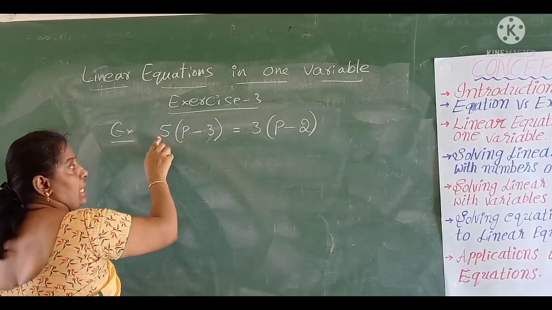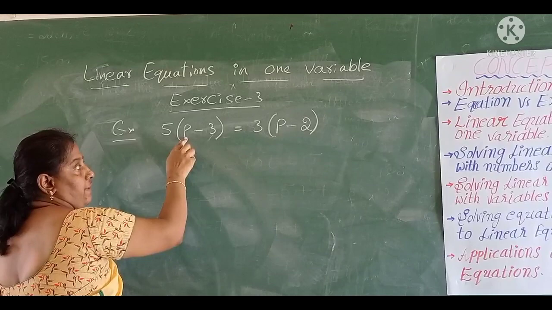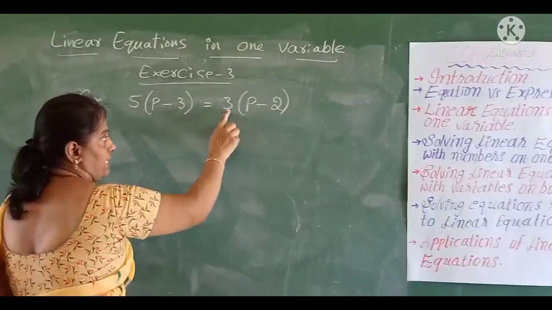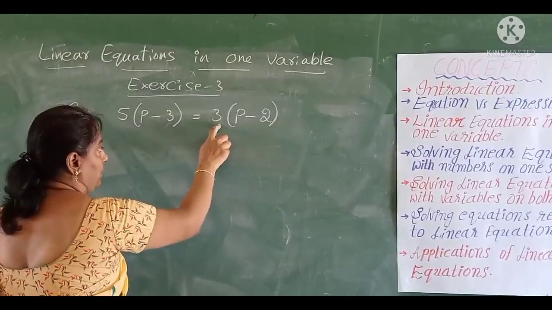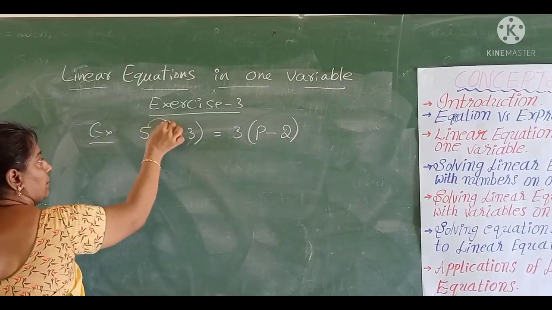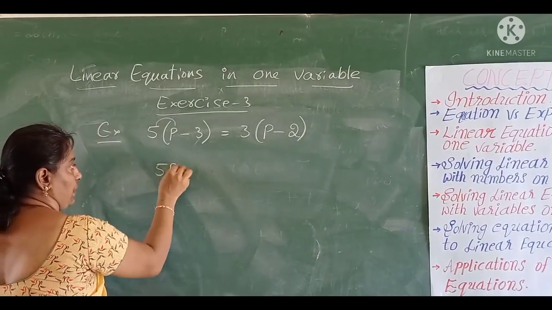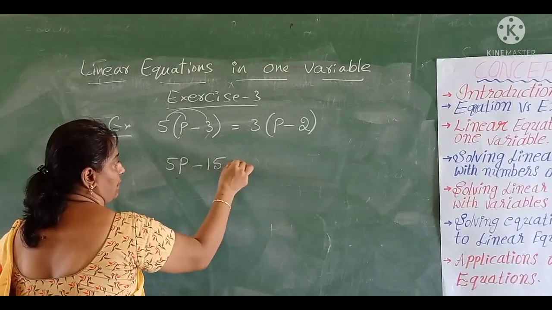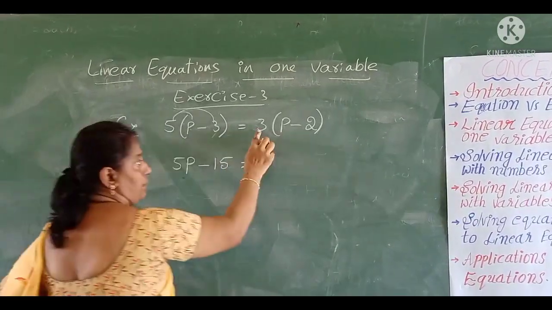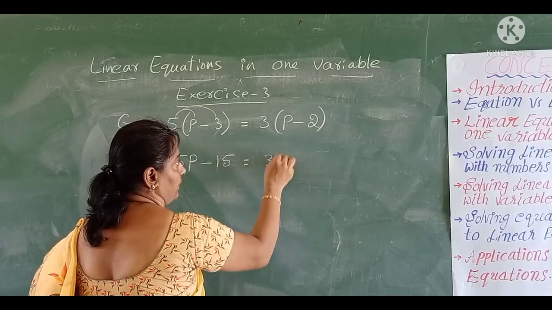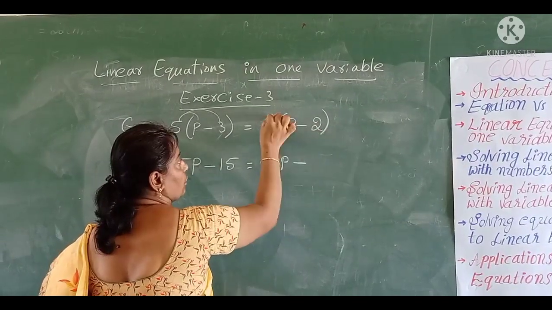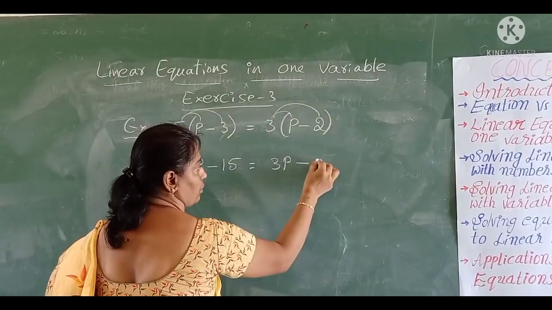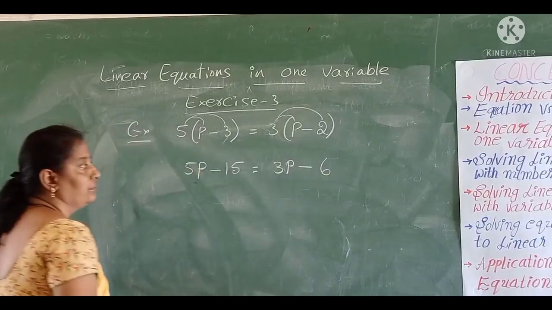For that, I have to multiply with 5 here, and on the right side we multiply with 3. So 5 into p, 5p, 5 into 3, that is 15, is equal to 3 into p, 3p, minus 3 into 2. 3 into 2, that is 6.